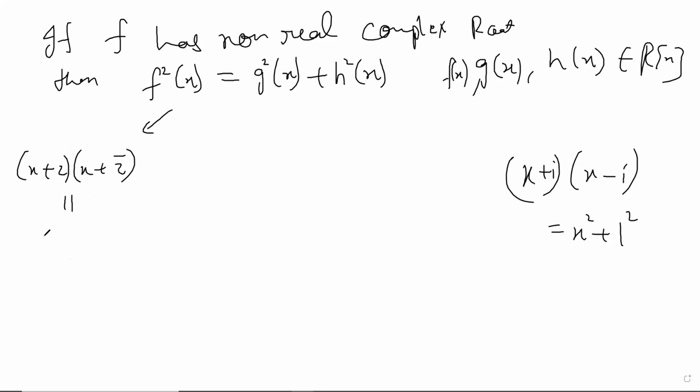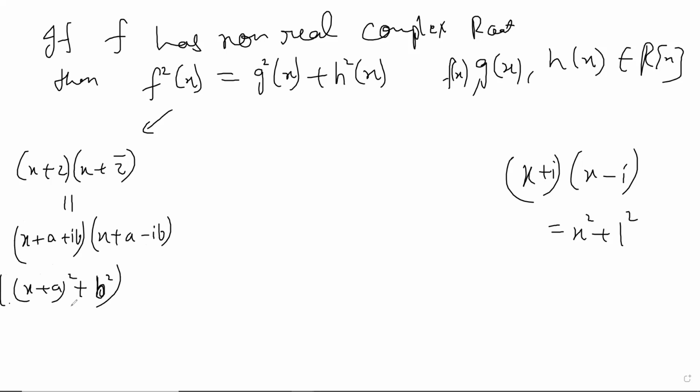In the same way as you write x plus i and x minus i, same way. Like this, and you see you get a sum of squares. I'm surprised nobody thought of this. Okay, all right. Finish the problem.